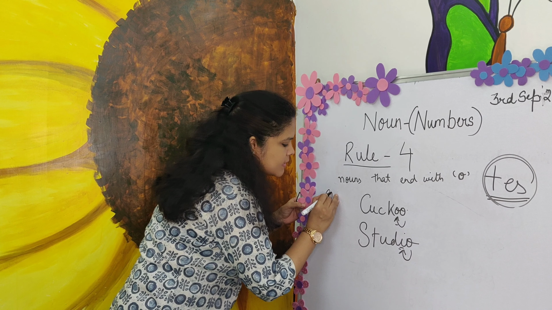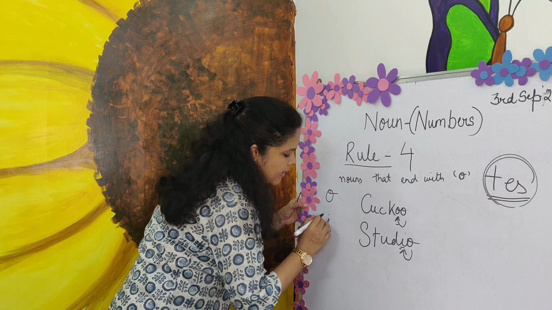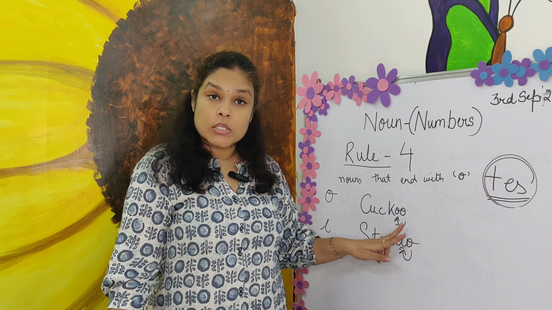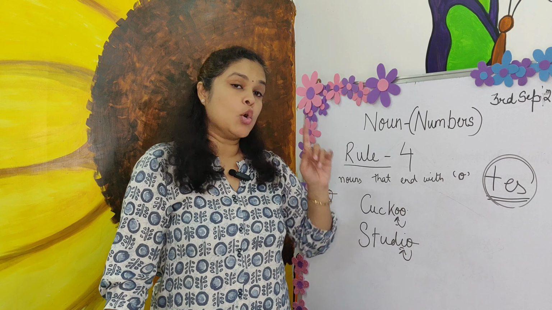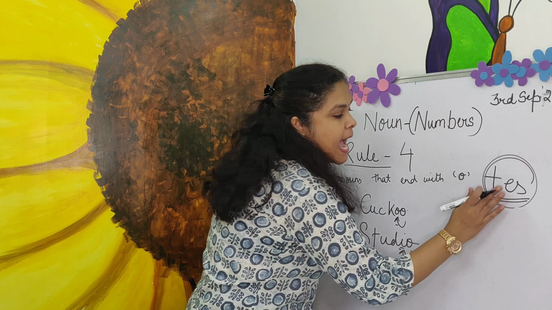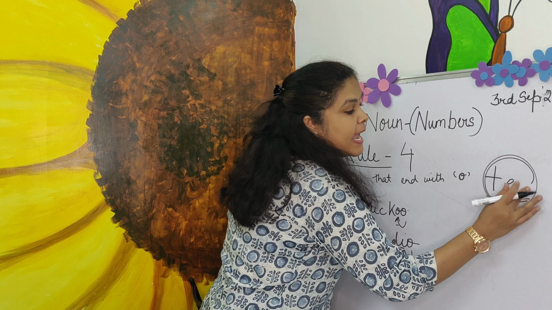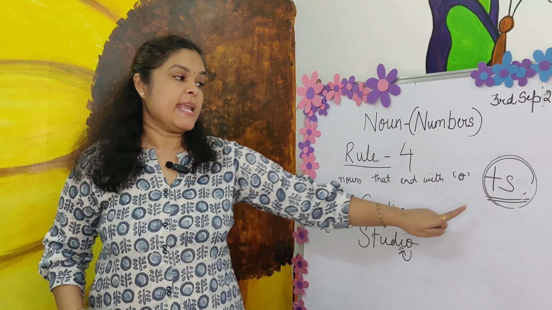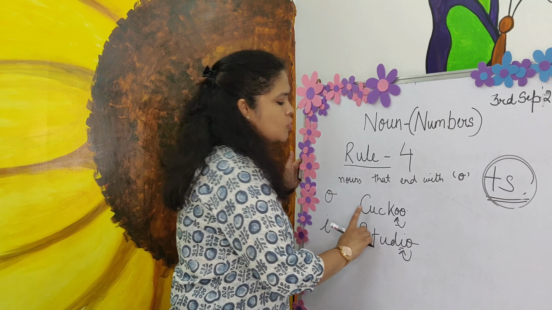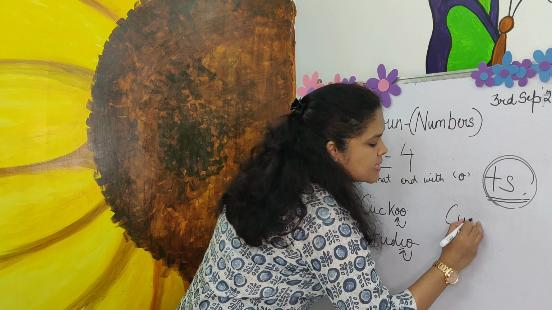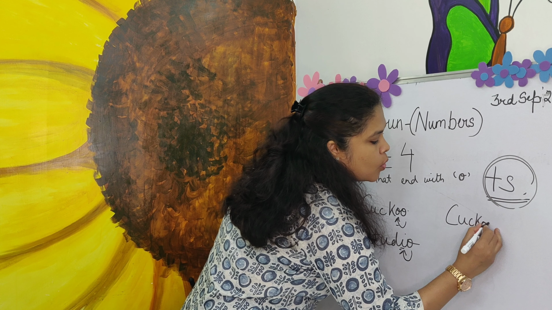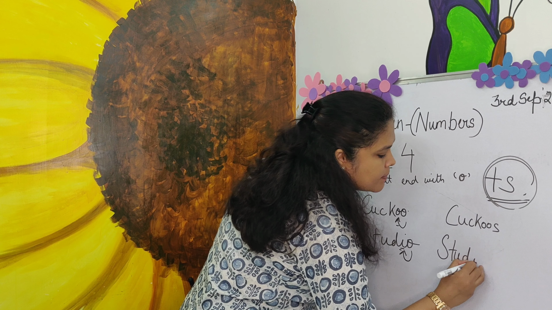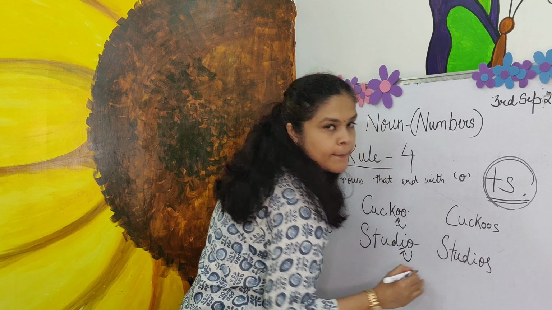So these are the vowels o and I. So instead of a consonant before o, if there is a vowel, we will be only adding s in that case. So cuckoo becomes C-U-C-K-O-O-S. Studio, plural form becomes studios.